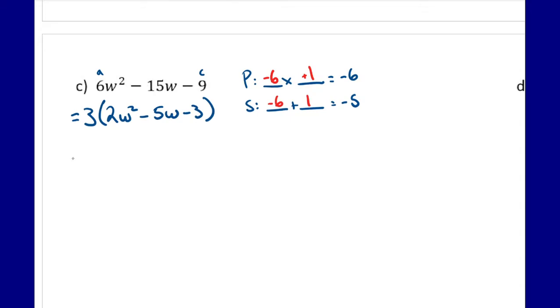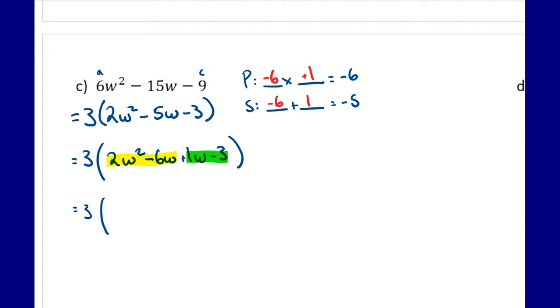So now I have what I can break down my middle term with. So this 3 is still going to stay on the outside. 2w squared now is minus 6w plus 1w minus 3. I'm going to factor by grouping on the inside, looking at the first two terms and the last two terms.